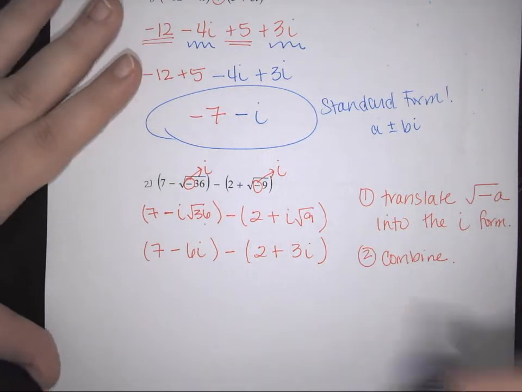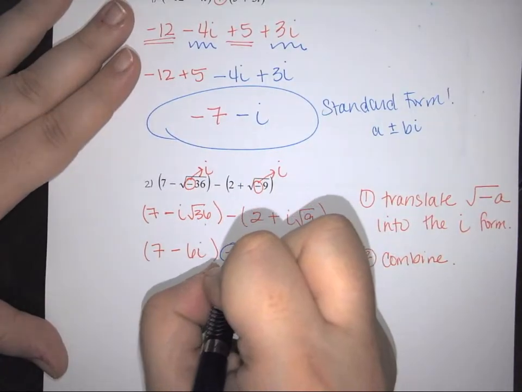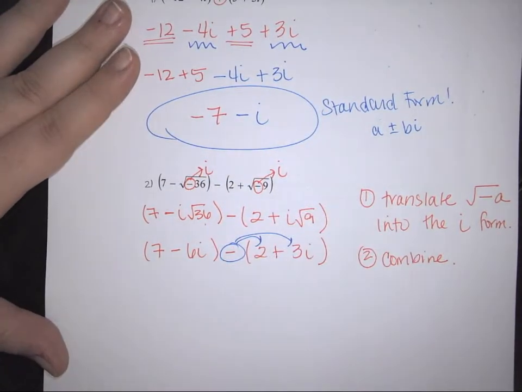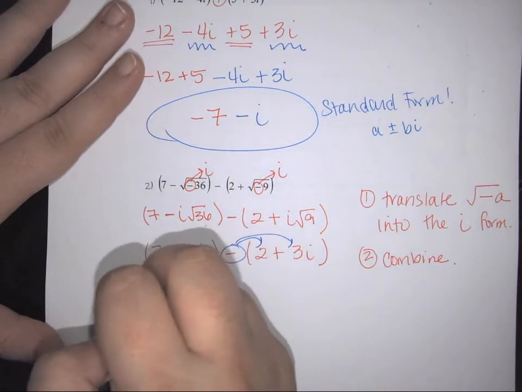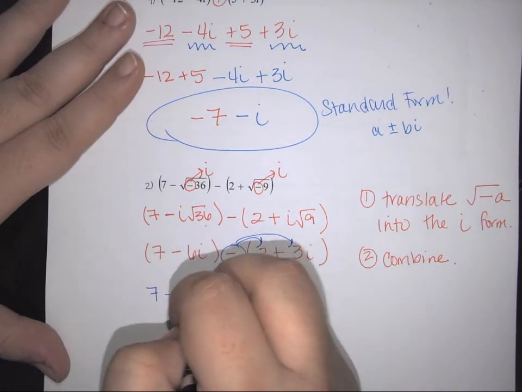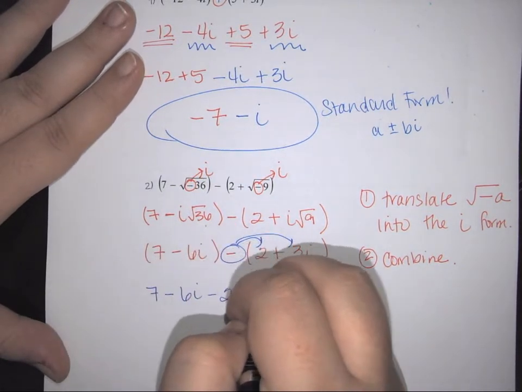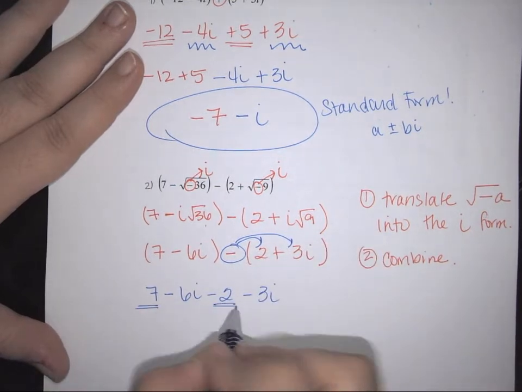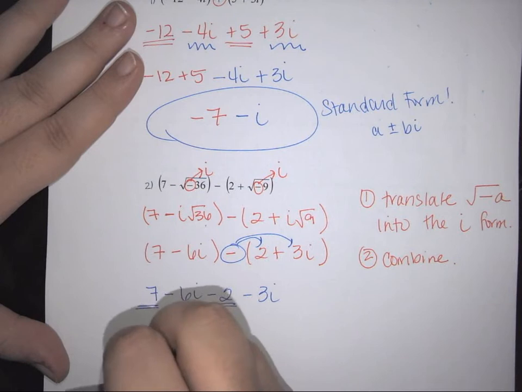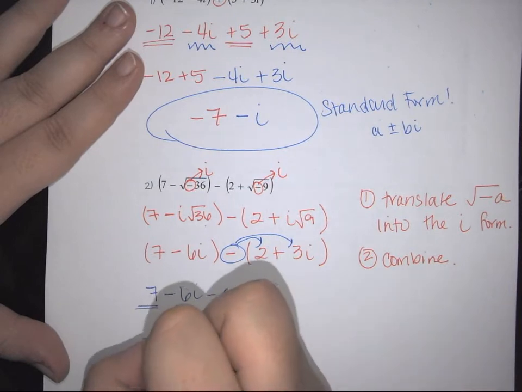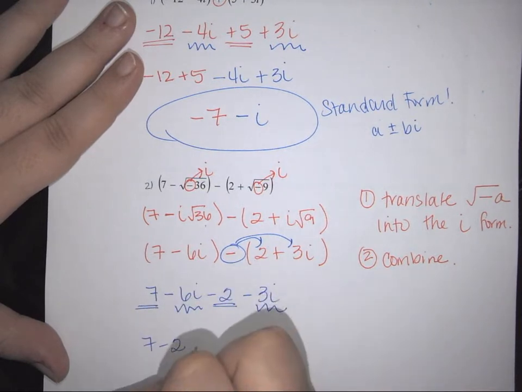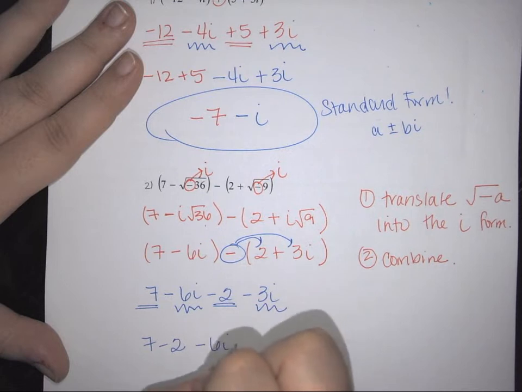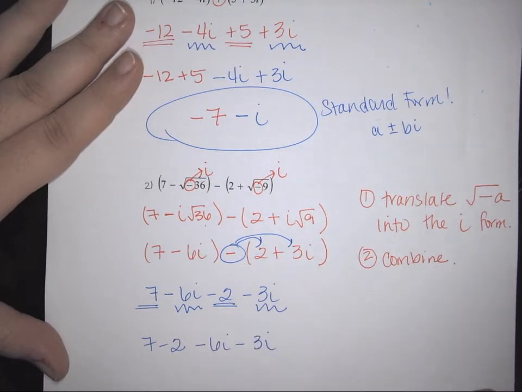This operation here has a negative, so this has to flow through the back half. So we have 7 minus 6i minus 2 minus 3i. Again, combine my terms, 7 minus 2, and then combine my imaginary terms, minus 6i minus 3i.